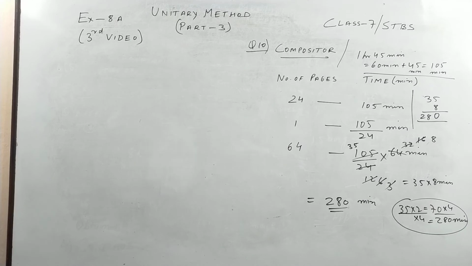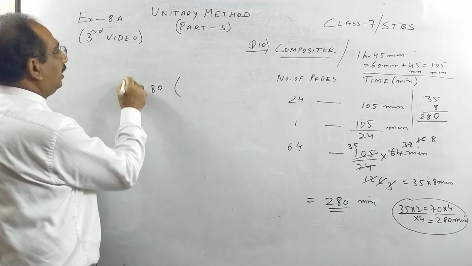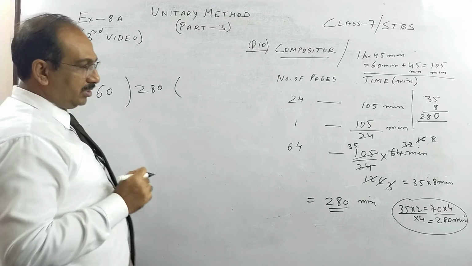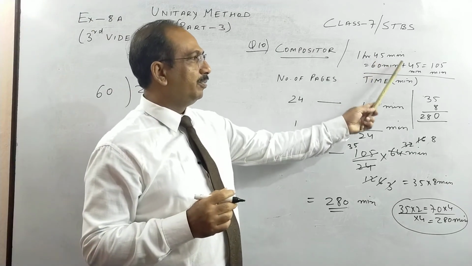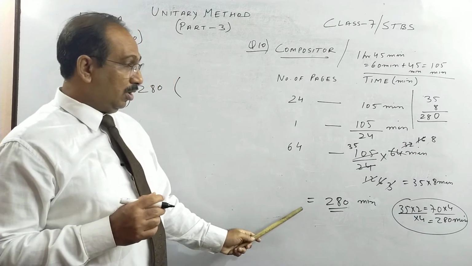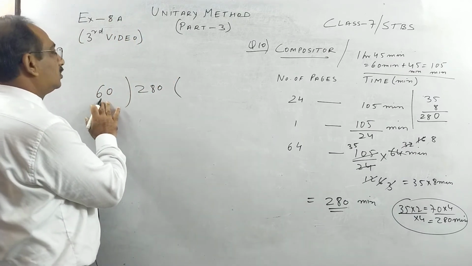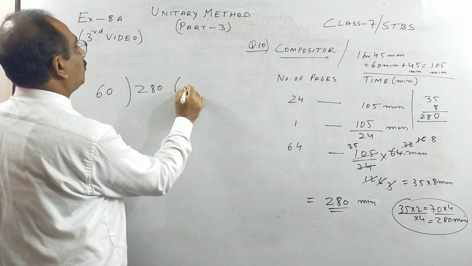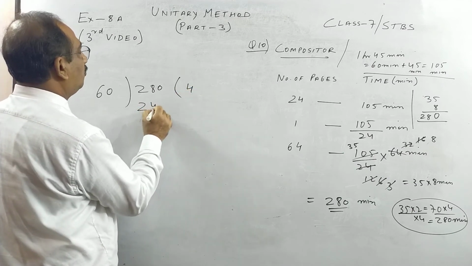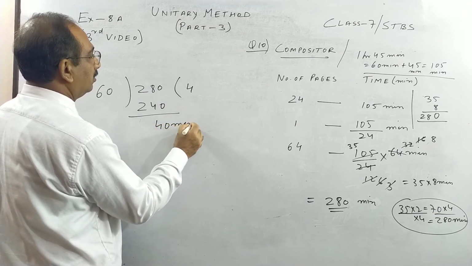See the final part of the final question. 280 you divide by 60. I'm teaching you, here I have converted hours and minutes into minutes, and here I am telling you how we convert minutes into hours. So 60 you divide: 6 fours are 240, you will get 40 as remainder.